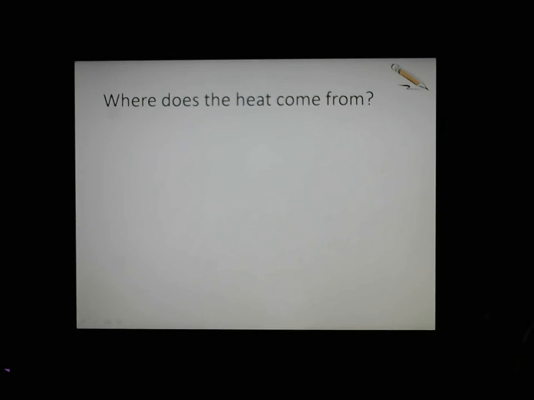A few places. The core of the earth is still cooling down from when it was made. It's only a balmy 6,000 degrees Celsius, about the surface of the sun. But there are some other things that produce heat. Radioactive decay, which we'll be talking about in our next unit, releases energy, and it's a similar process, just the opposite end of the process that our sun uses to produce energy.